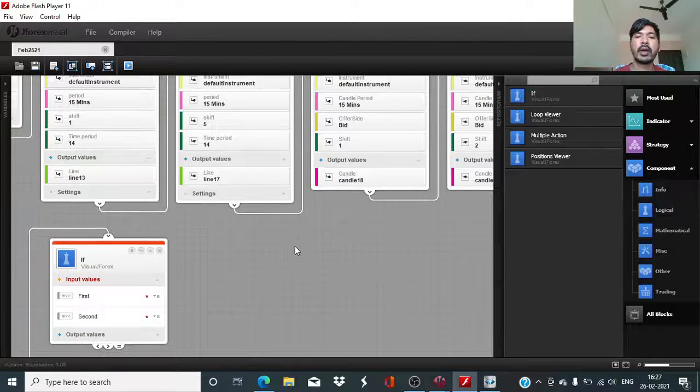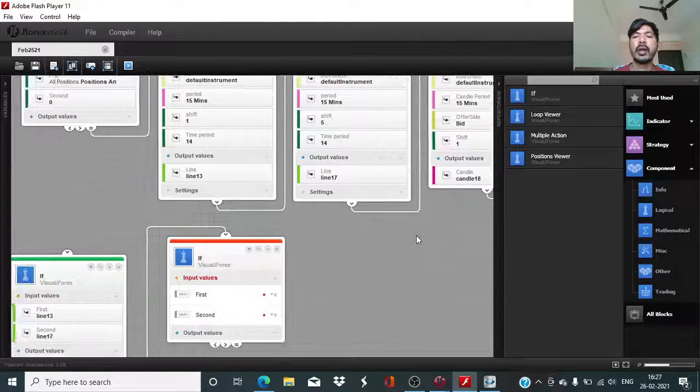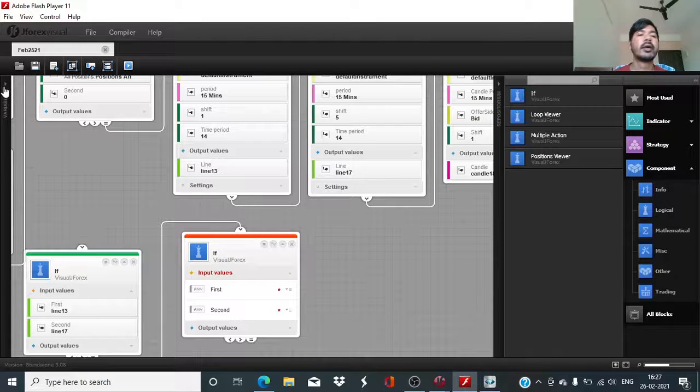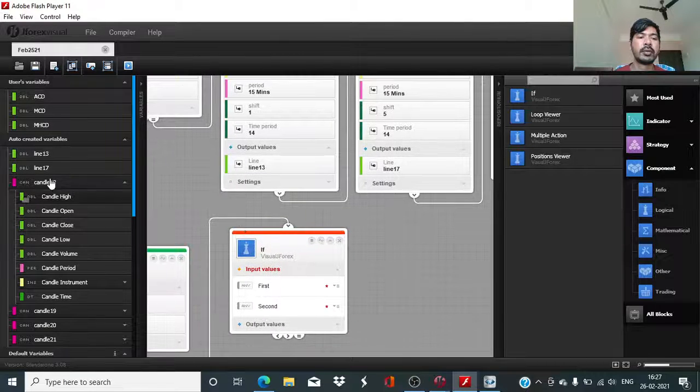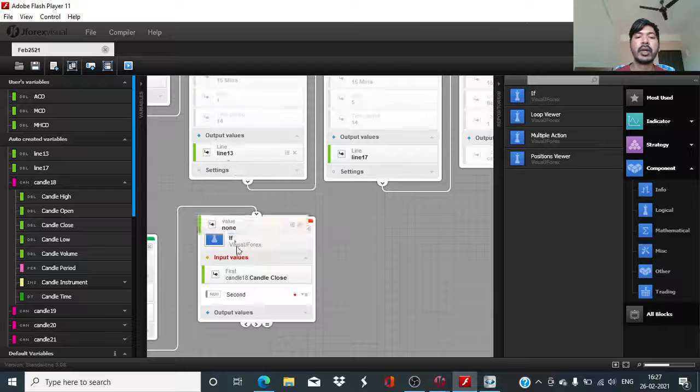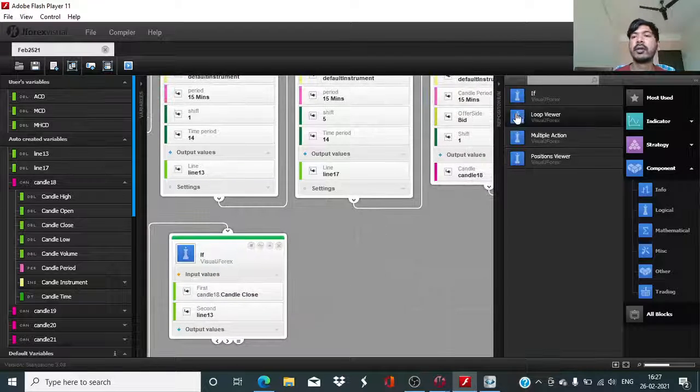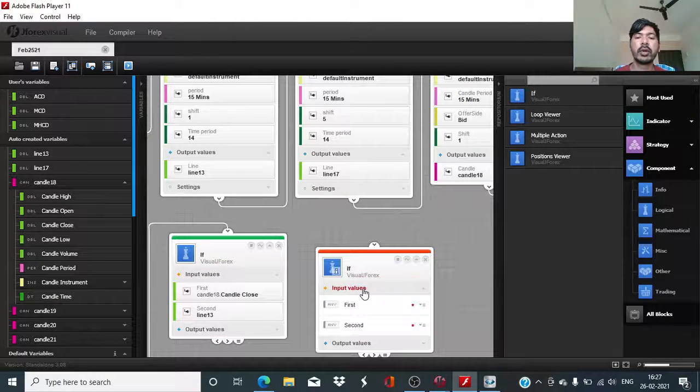Then we need candle 18's closing to be greater than line 13. So this closing value needs to be greater than line 13. First input greater than second input.